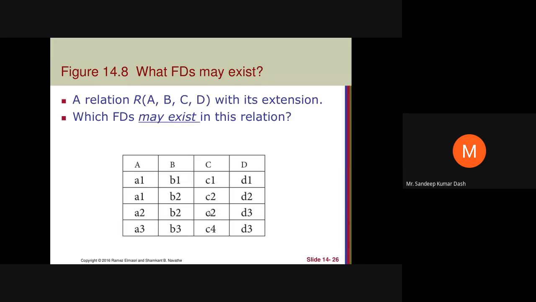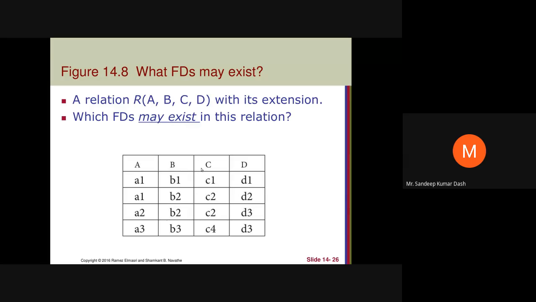C2 is repeated here. These two are equal, so the value in B should be equal, because I am considering C with B. C arrow B means C functionally determines B. So if T1 and T2 have the same value under C, T1 and T2 must have the same value under B. So this is allowed. Now C4, B3. C4 is nowhere repeated else, so this is also allowed. So the C and B functional dependency may exist.